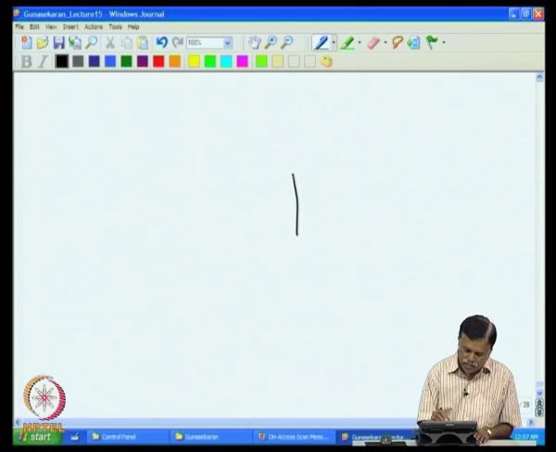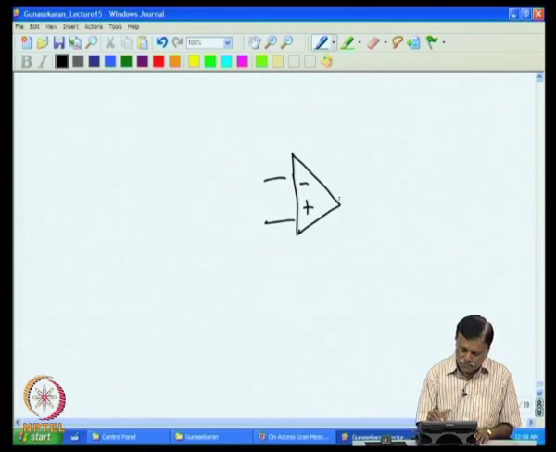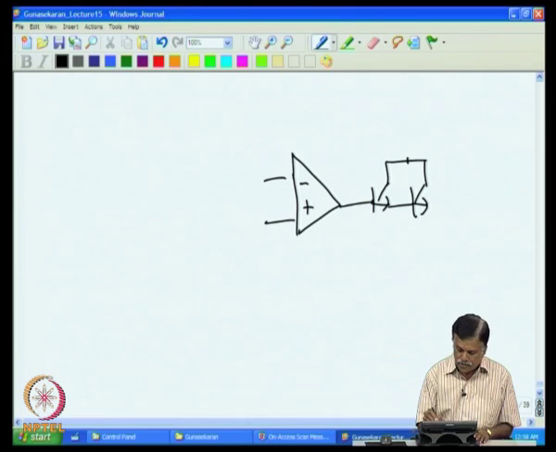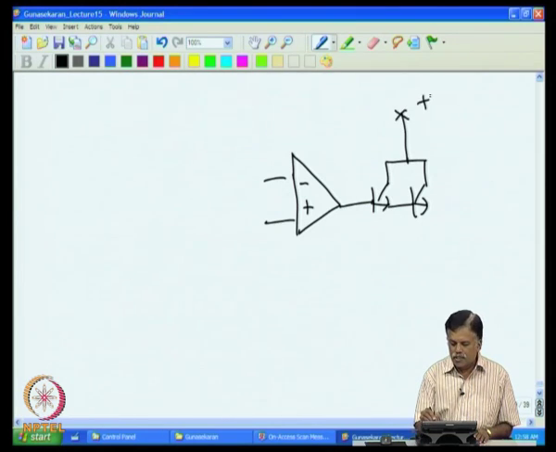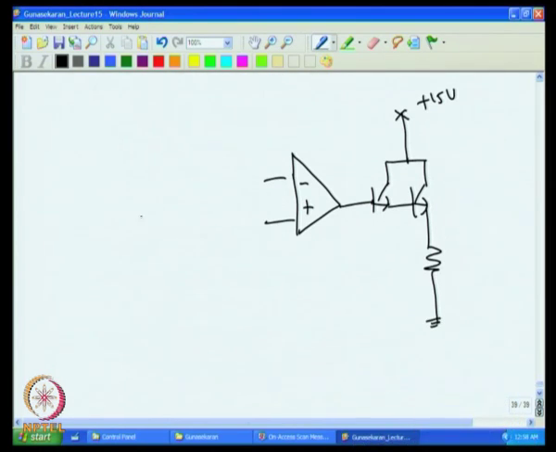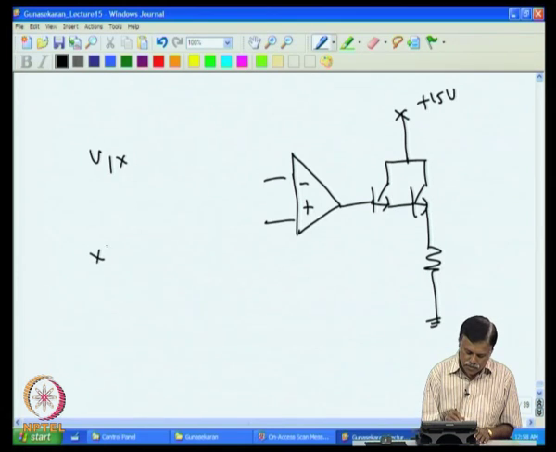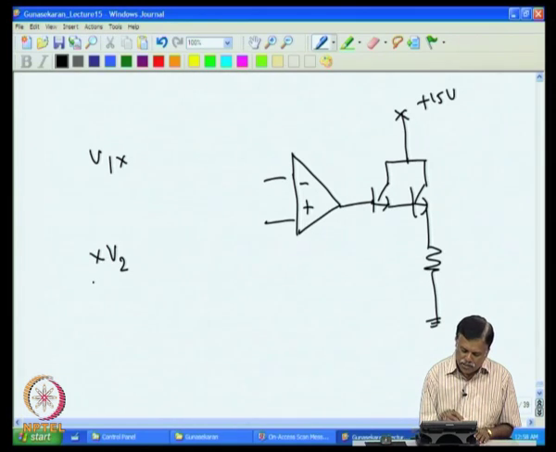So, I can have a current transmitter here, like this. Then all that I do is that I have a V1 here and V2 at this point. Now, the difference should be converted into current.